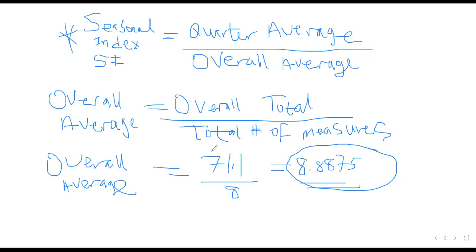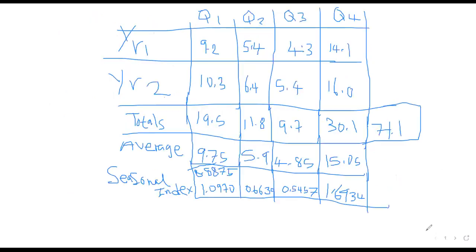Now, for the overall average, we are finding the average for all these numbers, this one, this one, this one, and so on. How many numbers do we have there? 8. So let's add 9.2 plus 5.4 plus 4.3 plus 14.1 plus 10.3 plus 6.4 plus 5.4 plus 16.